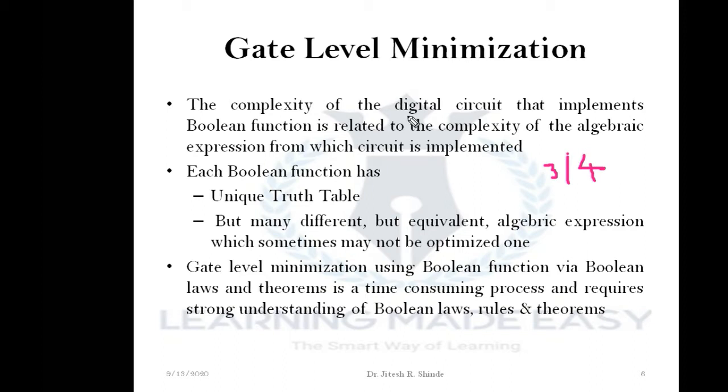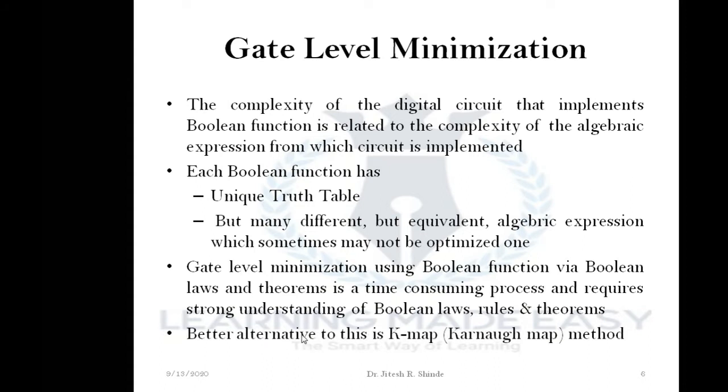But if the number of inputs grows, then the application of Boolean laws and theorems will be a time consuming process, and it will require a strong understanding of Boolean laws, rules and theorems. So a better alternative for this situation is to use the K-map. Another name for the K-map is Karnaugh map. So, the K-map method.